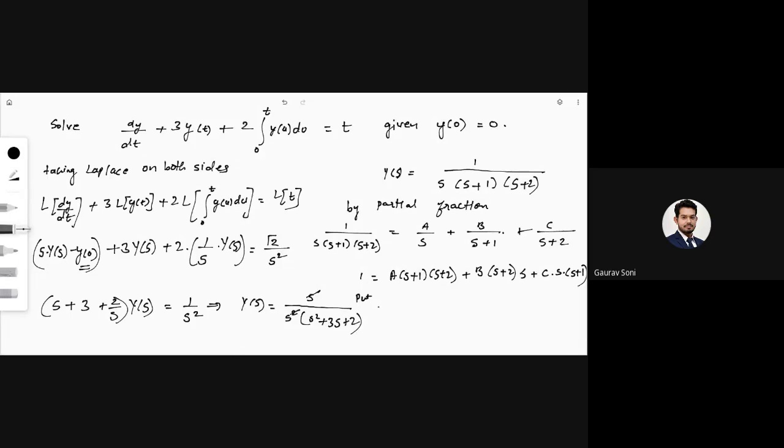So put s is equal to 0. Then we'll get a is equal to 1 by 2. Then we will put s is equal to minus 1. So b we will get as minus 1.